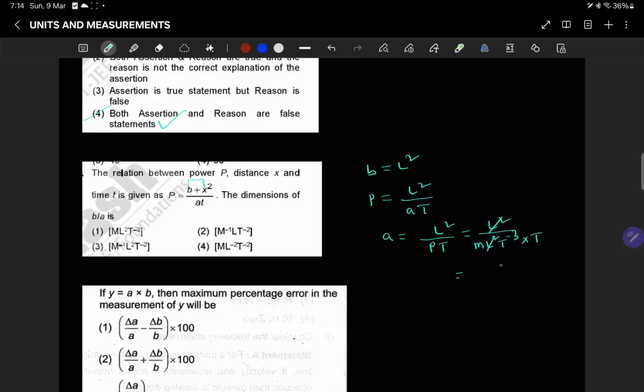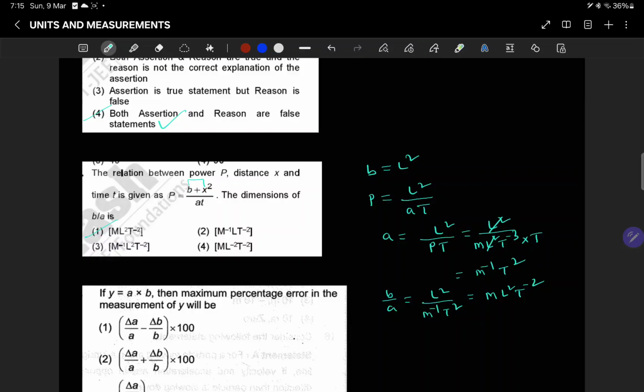I am saying the A dimensional formula is M power of minus 1 T power of 2. So what is the dimensional formula of B by A? B is L square, A is M power minus 1 T power 2. That means M L square T power of minus 2. M L square T power minus 2, the first option only is given, students.